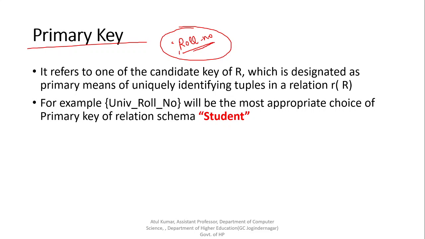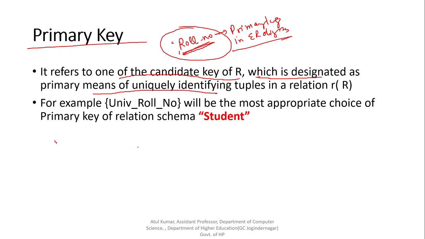So if there is an attribute that is underlined, that attribute is basically a primary key in the ER diagram or ER model. It refers to one of the candidate keys of relation R, which is designated as primary key that uniquely identifies tuples in the relation.